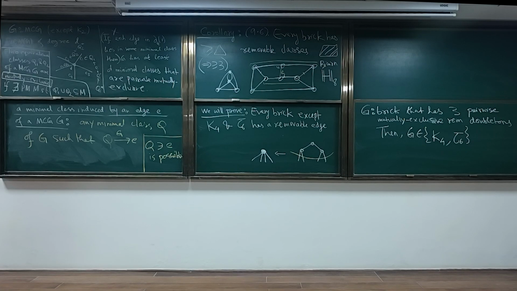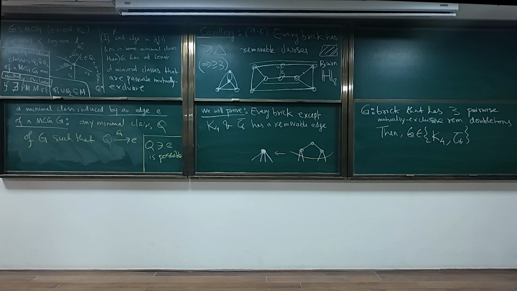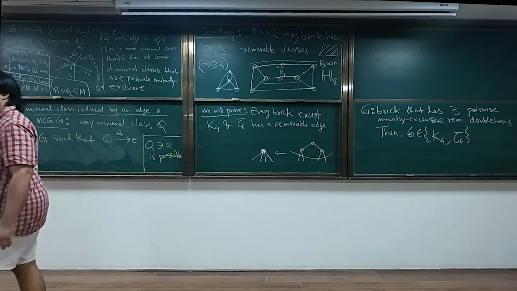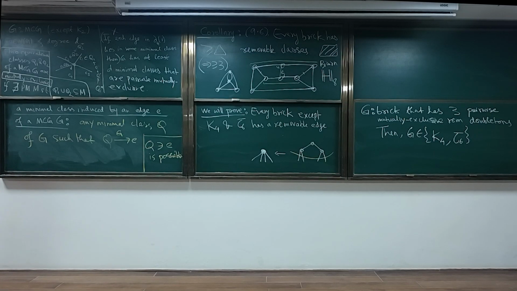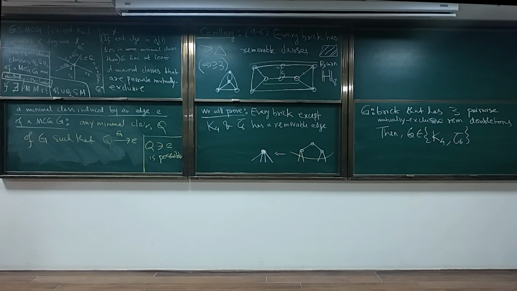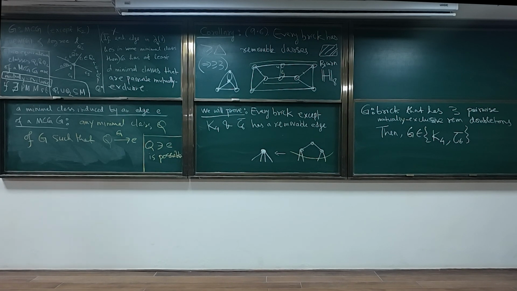I used to think that 9.8 is also difficult, but well, back then I was a PhD student. Now I feel it's quite easy, but also because we have already covered a lot of stuff, so that makes it easy, right? But yeah, anyway, so we'll prove 9.8, 9.9, and we will prove this fellow, 3 pairwise mutually exclusive removable doubletons. I just need to figure out what is the order in which you're going to prove it. I don't know yet. We'll see.